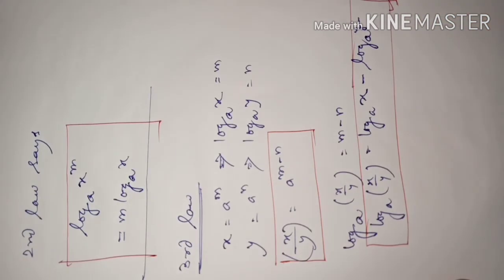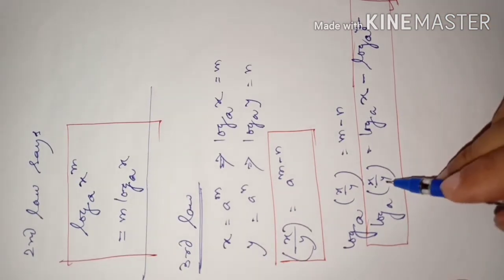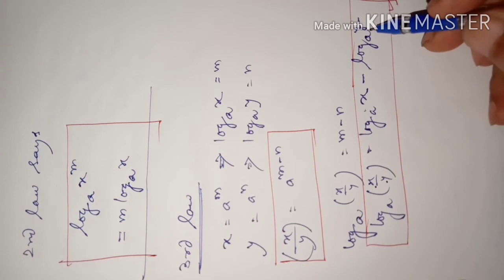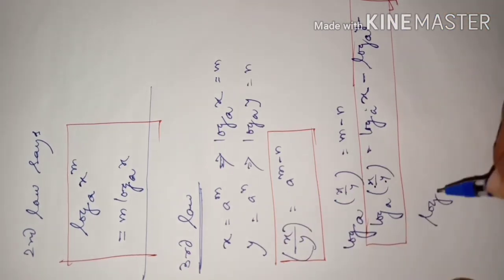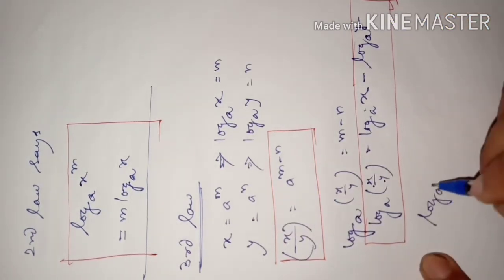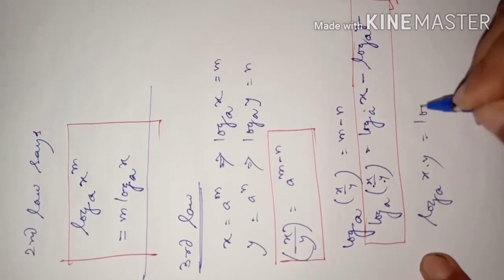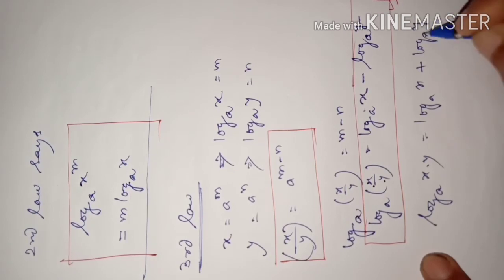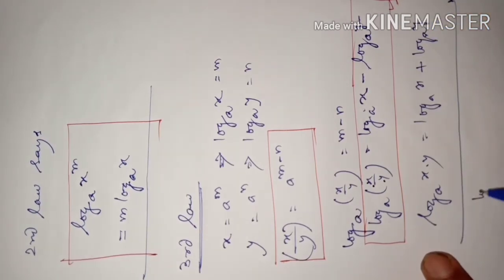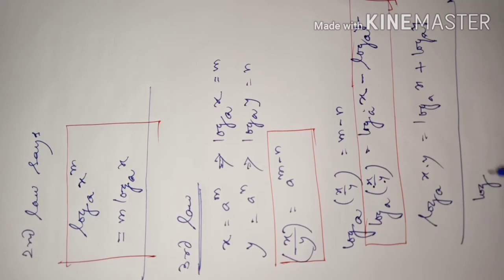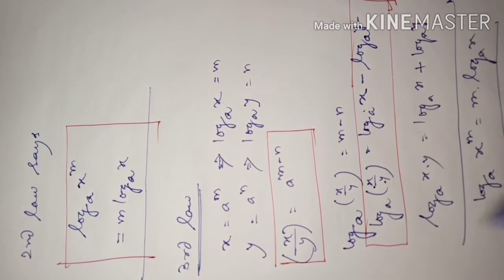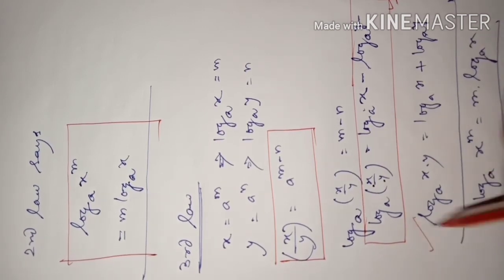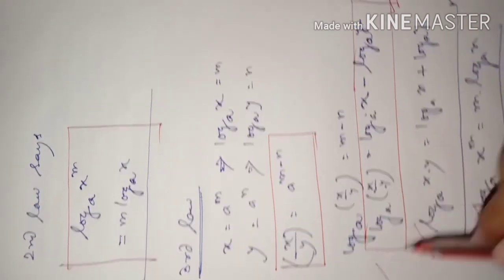That means log of x by y is log of x minus log of y. The first law says log of x into y is log of x plus log of y, with the same base. Log of x to the power of m is m times log of x. Okay? So first, second, third. Now we will see another law.